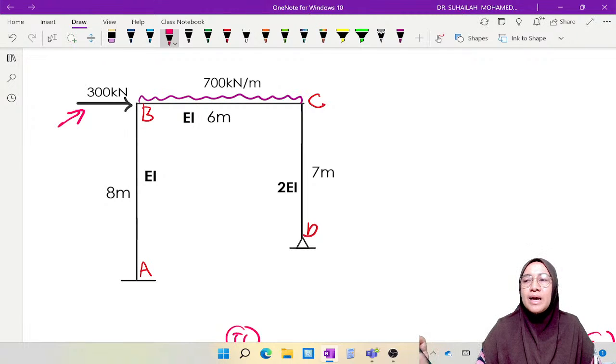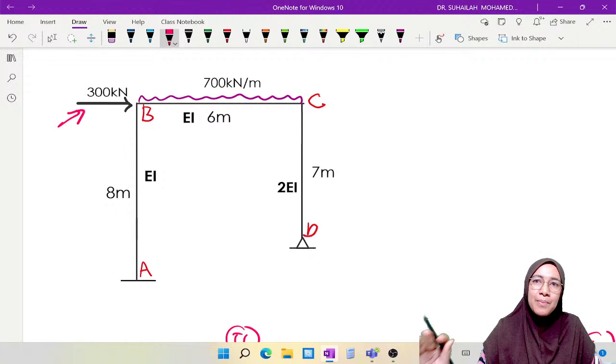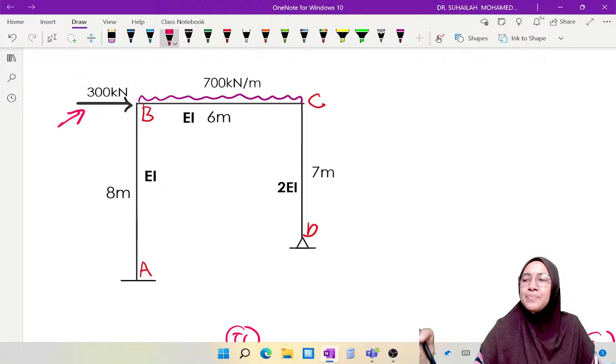So we have to analyze this frame by using two tables. We apply principle of superposition. In the first table, we have to analyze the non-side sway frame, because FEM in this main diagram has actually FEM due to loading and due to delta.